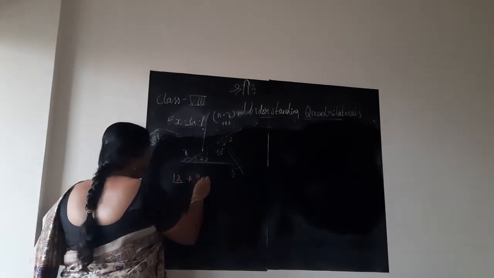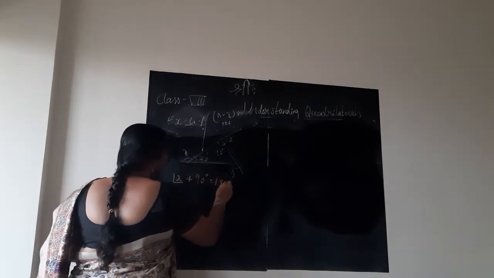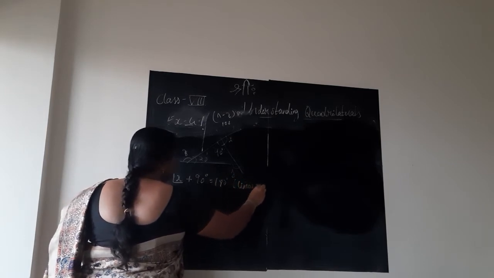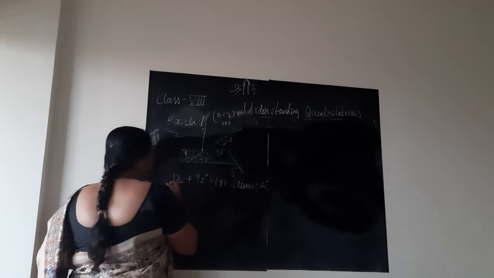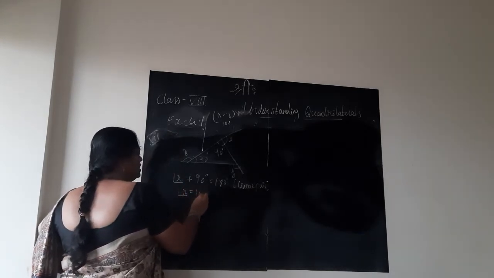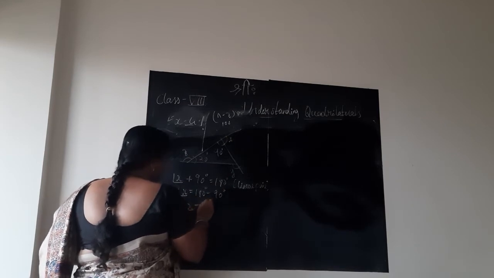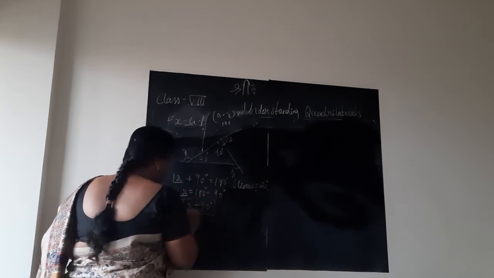So angle x plus 90 degrees is equal to 180 degrees. As I said, in brackets always write the reason, that is linear pair. So angle x is 180 degrees minus 90 degrees, clearly 90 degrees.